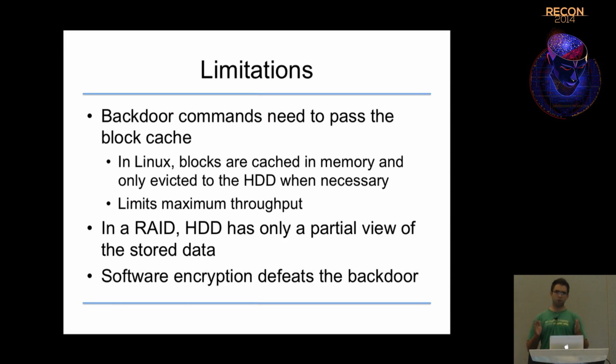If you have RAID 5 and you use striping, then the hard drive will only see some blocks and not all of the blocks of the data you write. So then you cannot access all the information anymore. And finally, software encryption also defeats the backdoor, because if the blocks get encrypted, then the hard drive cannot recognize the backdoor command anymore.